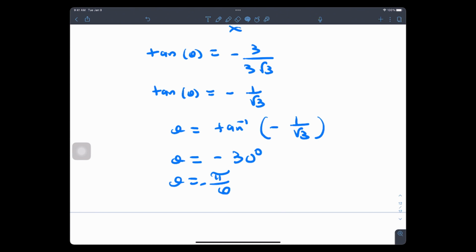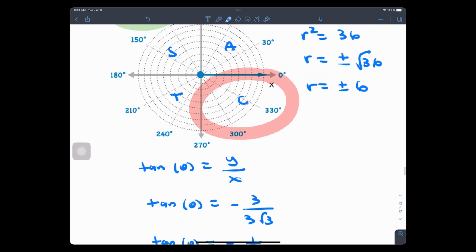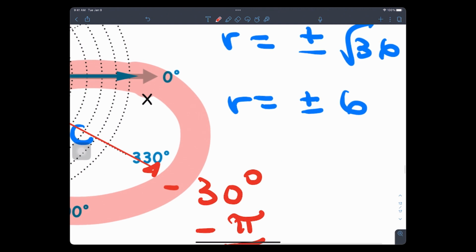Let's put this information together here. Can I do this? Yes, angles can be negative. However, be careful here. If you use the negative pi over 6, 30-degree angle, what radius do you use? The positive or the negative?